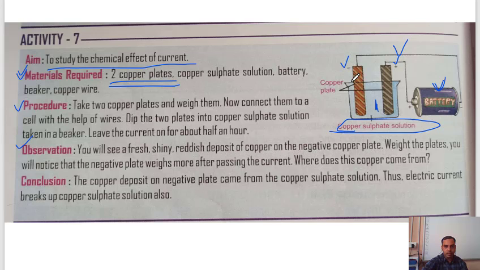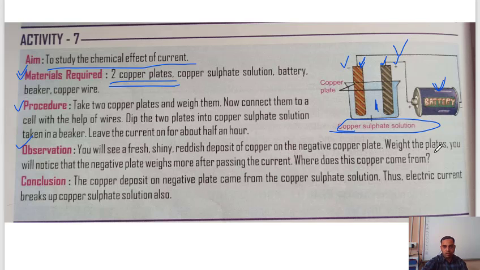As you can see, this one is looking a little bit black and white, and this one is looking a little bit colorful. So here reddish brown color will be deposited right over here. You will see a fresh shiny reddish deposit of copper on the negative copper plate.